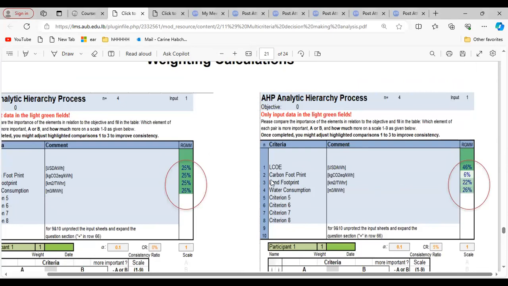Okay, they got for LCOE the highest percentage, which is 46%, for carbon footprint 6%, for land footprint 22%, and for water consumption 26%. So this is the analytical hierarchy process method to calculate weights. Of course, it's not the only method used, but this method has shown good performance because it's based on pair by pair comparison.